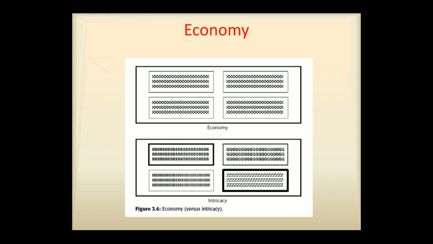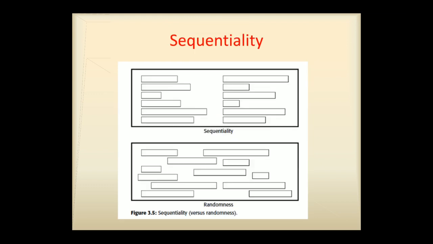So the next one is economy. Sequentiality is a plan of presentation to guide the eye through the screen in logical and rhythmic order, and most important information significantly placed, right?